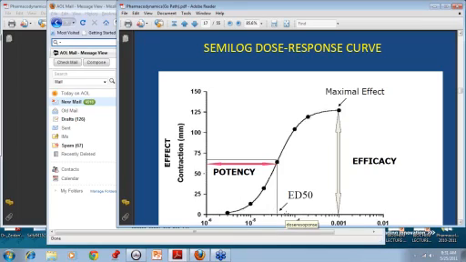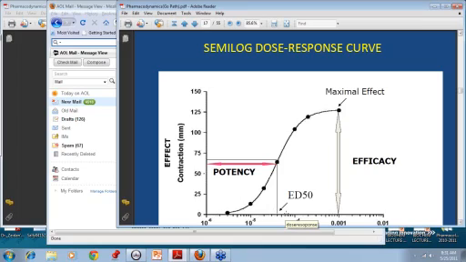Which means actually, for a number of reasons, the concentration producing an effect that is 50% of the maximum is used to determine the potency. That's what we're looking for, and this is designated as ED50. So in this figure, for instance, you have ED50 for this drug.